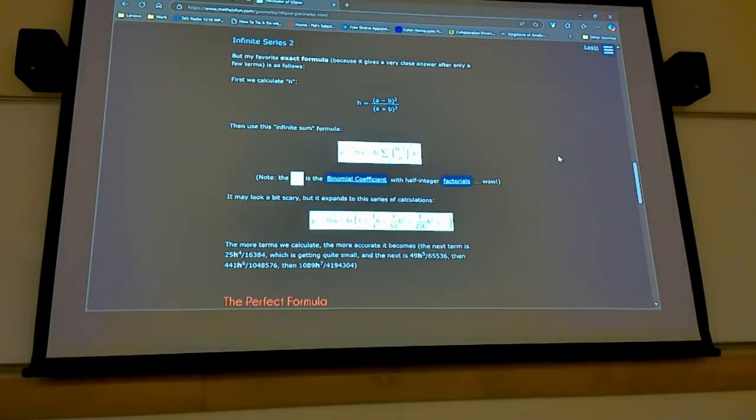Ooh, that one's awesome. Oh, that's really cool. Using binomials with half integers. Oh, that's really awesome.